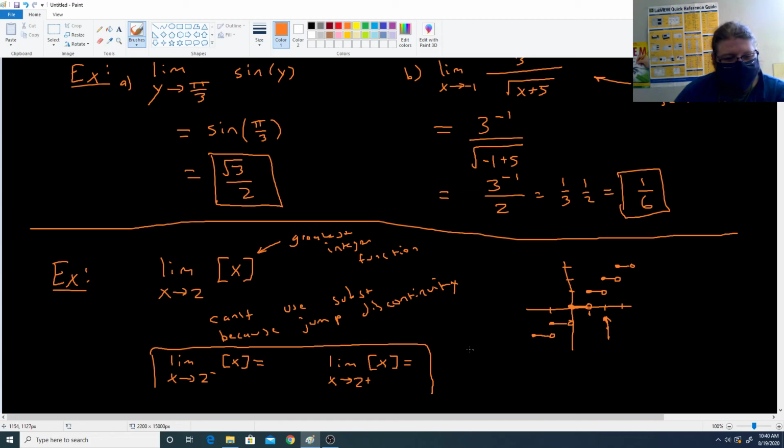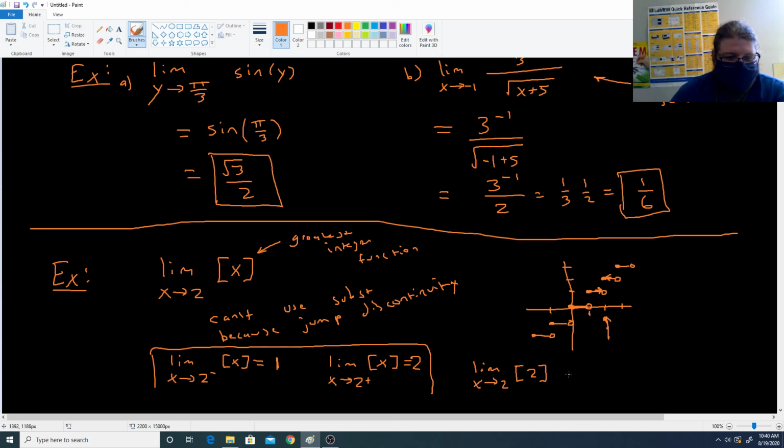All right, so as we approach 2 from the left, 2 is here. So we approach it from the left. We're down here on the previous step, so our y value is 1. When we approach 2 from the right, we are up on the next step here, and our y value is 2. So our limit as x approaches 2 does not exist because the left side limit is approaching 1 and the right side limit is approaching 2.